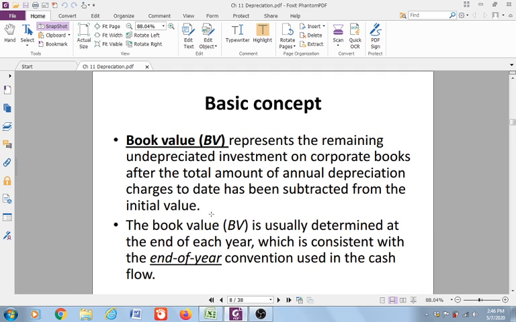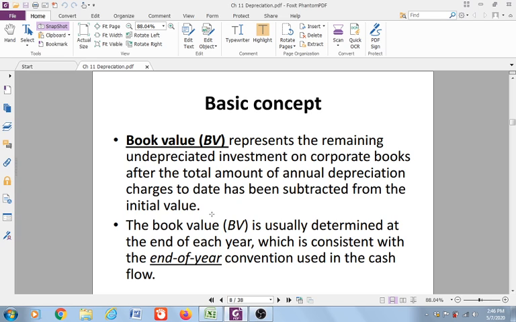In order to calculate the depreciation, or the decline in value of an asset, we need to know several terminologies. First, the book value of the asset, or the BV. The book value is the remaining undepreciated value of an asset. The book value in year one is the value of the asset in year one before we apply depreciation on that asset.